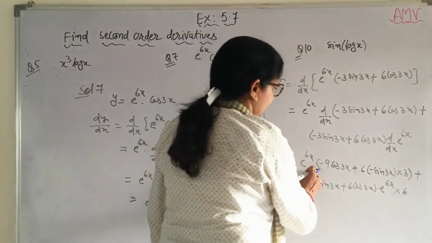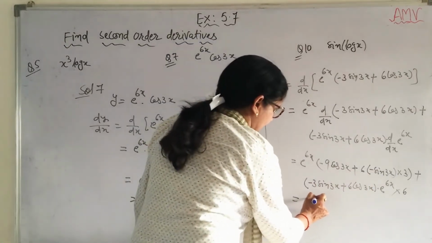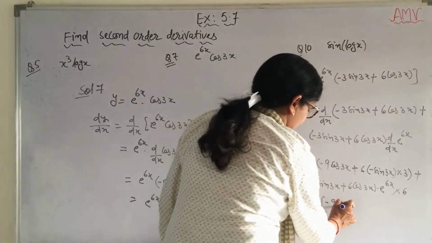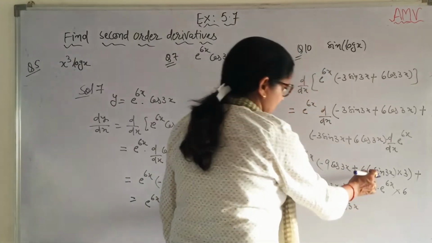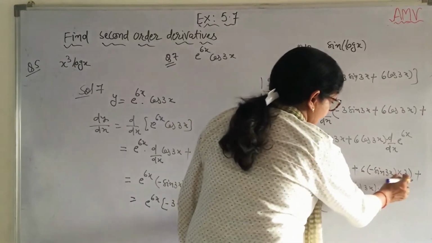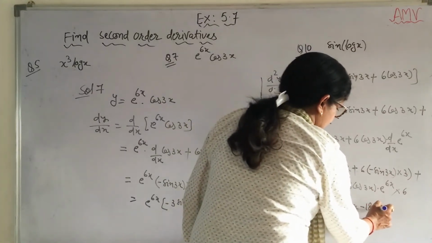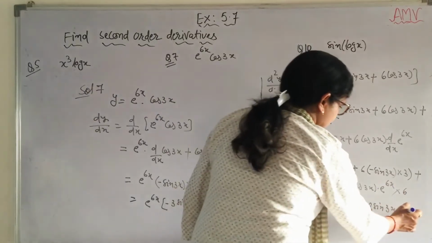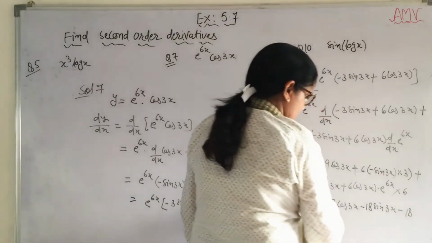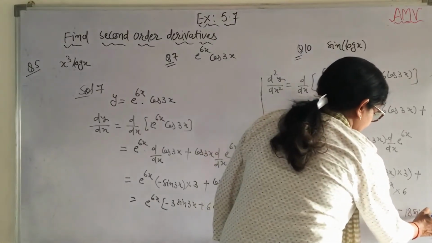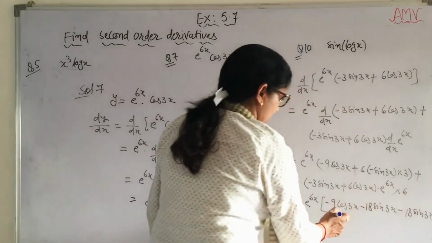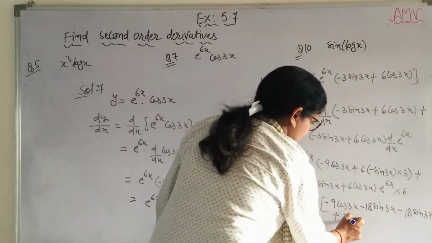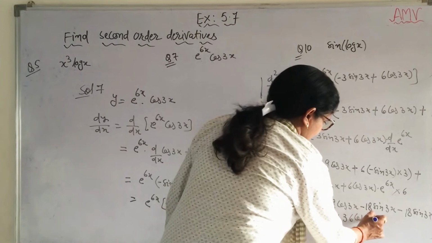Now simplify, e raised 6x take common, and from here it is minus 9 cos 3x, and here minus 18 sin 3x, and here it is minus 18 sin 3x, and plus 6 times 6 are 36 cos 3x.